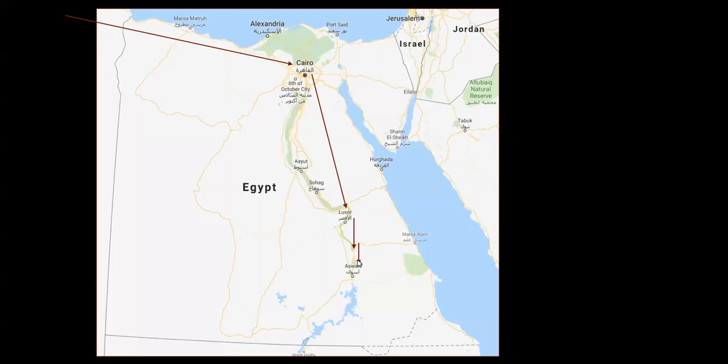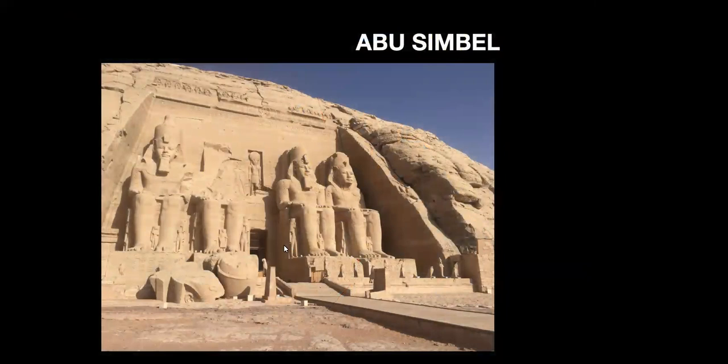We will fly from Aswan down south all the way, very close to Sudanese border, to Abu Simbel, to see another important temple built by and for two Ramses pharaohs from different periods. But here it is a huge monument. And it's really interesting to see this in location.